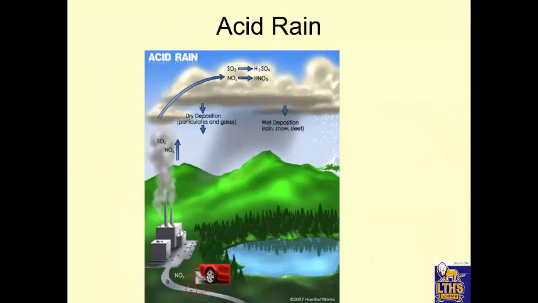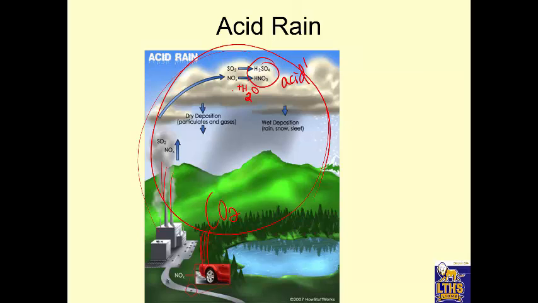So you might be wondering why we're talking about this. Well, all of this pollution, NO2, CO2, all of this stuff is put into the atmosphere. And when it hits the water, plus H2O in the upper atmosphere, it turns into acid.